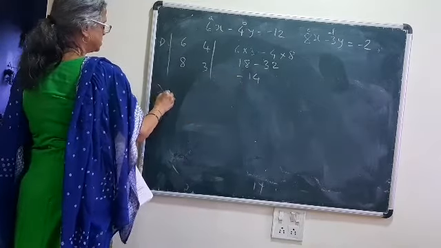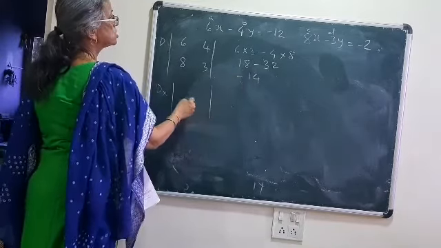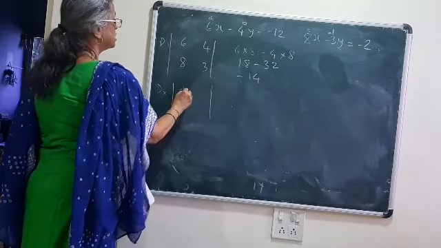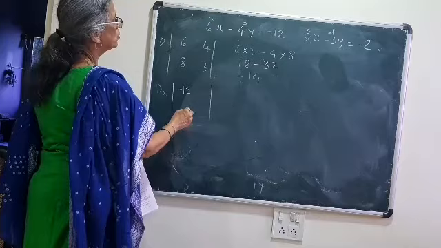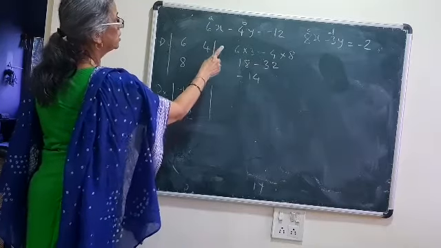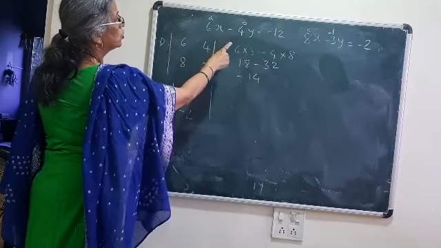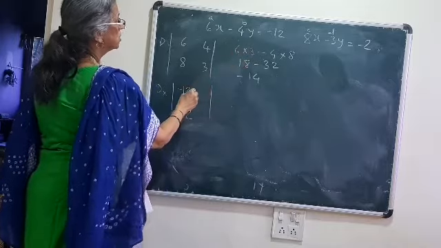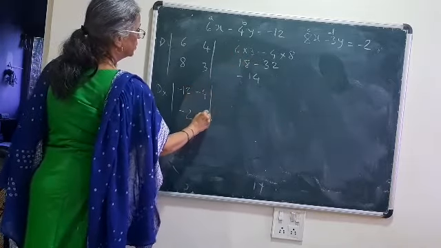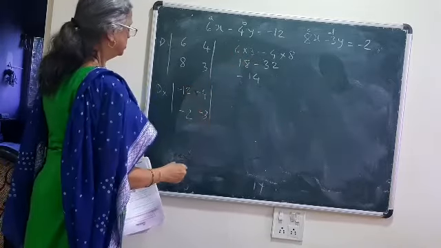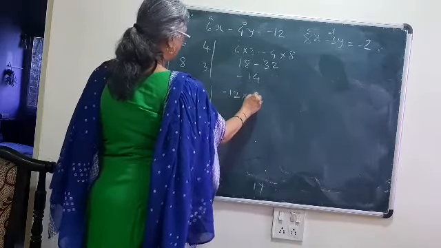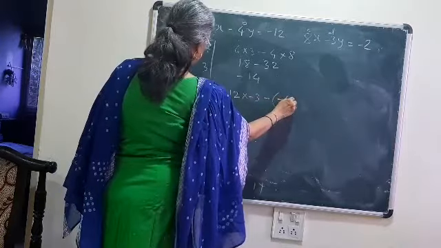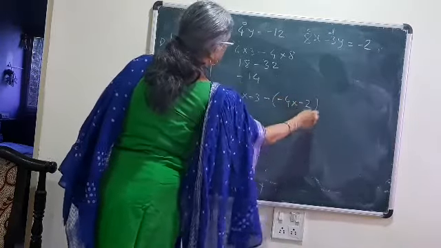Then Dx, we are writing the constant terms first. Whenever you have Dx, consider the constant terms first, written one below the other. And then we are going to write the coefficients of y, which are minus 4 and minus 3. So again AD minus BC: minus 12 into minus 3 minus minus 4 into minus 2.